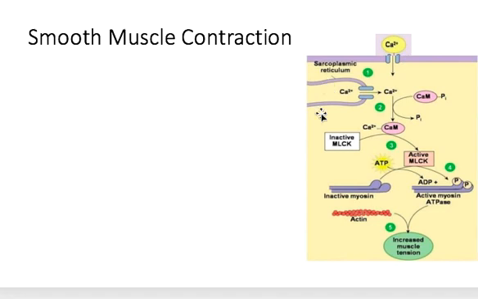If we look at this map, it pretty much lays out the entire process of how a smooth muscle contracts. We can see that the intracellular calcium concentration increases when the calcium enters the cell.